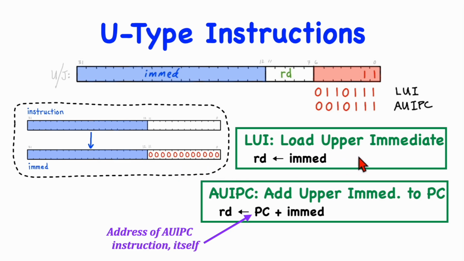The load upper immediate simply moves this value into the destination register. The add upper immediate PC instruction first adds in the program counter and then moves the sum into the destination register. Next, let's see how the load upper immediate instruction can be used with the JALR instruction.